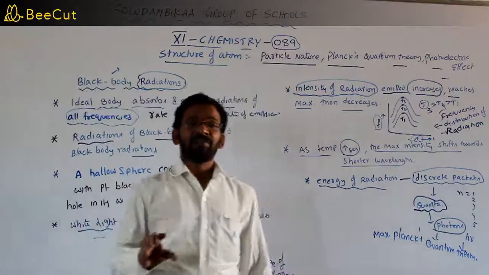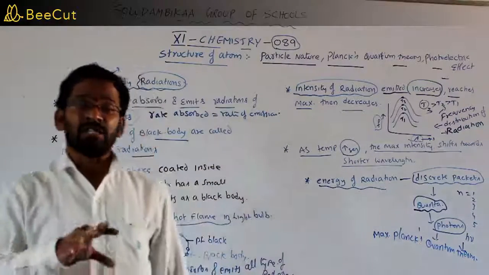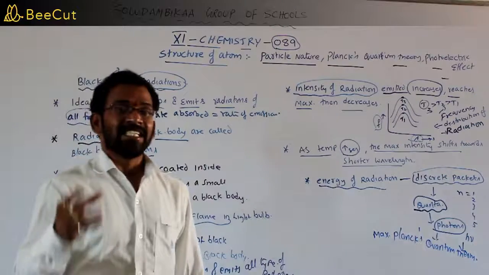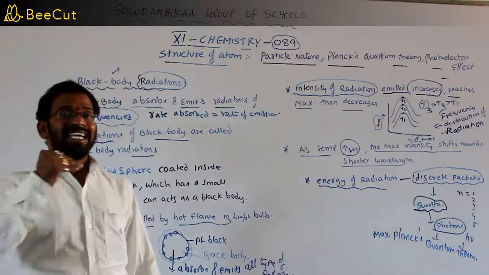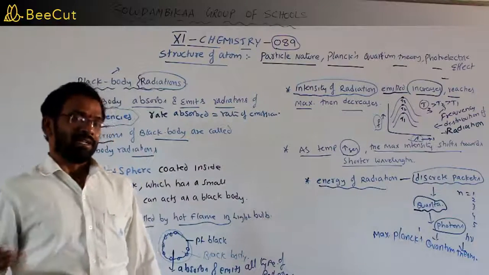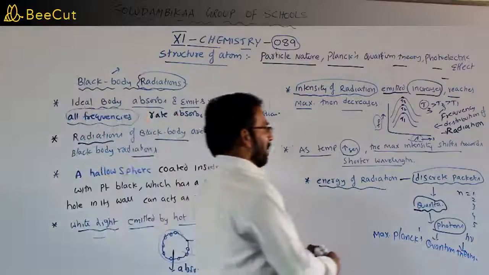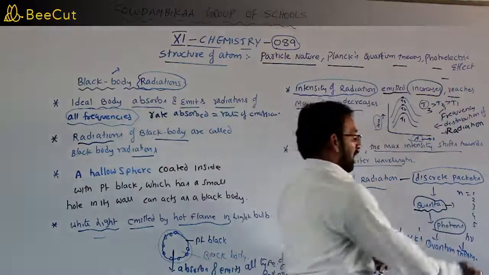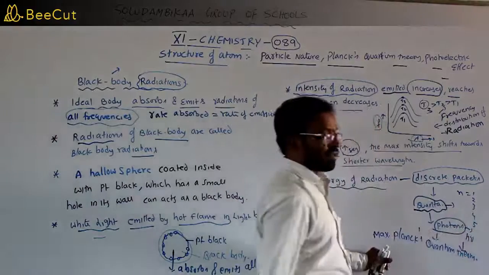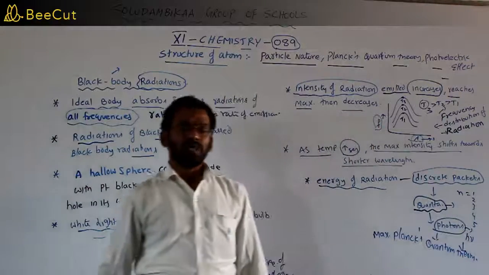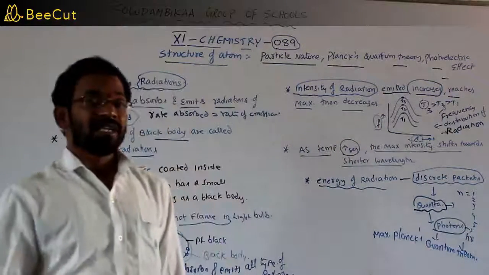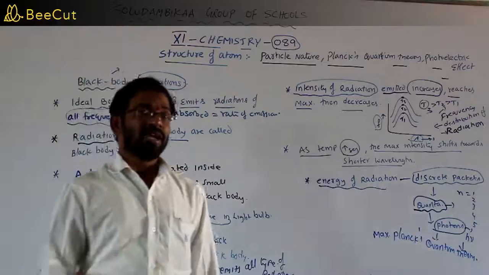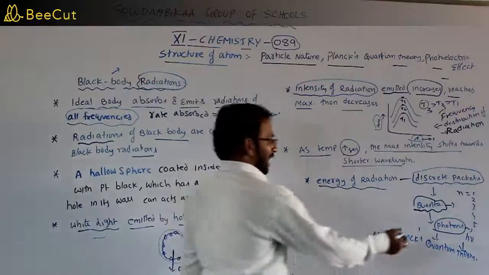The energy of radiation which is emitted or absorbed is present in discrete packets, called quanta, or measured in terms of photons. That is nothing but h nu, where h is Planck's constant and nu is the frequency of the light or radiation.